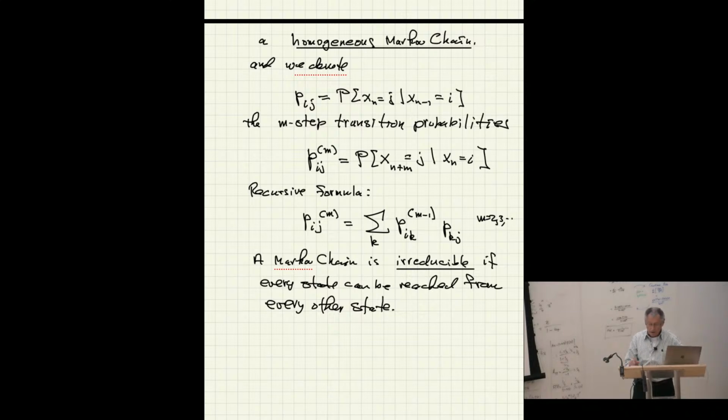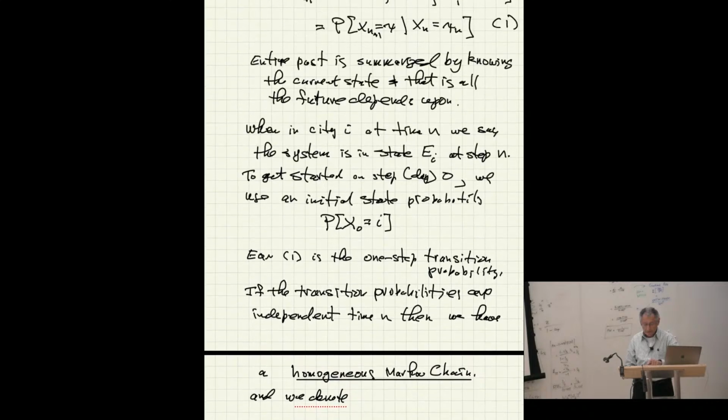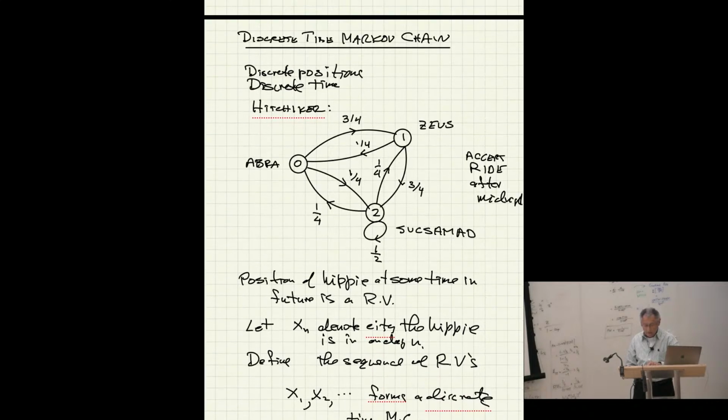As an example, I go back to our example. Is this Markov chain irreducible? She says yes, and she's right. You can get from every state to every other state. If, however, this is value 1, which means this is gone and this is gone, that means once you get to state 2, you're stuck there.